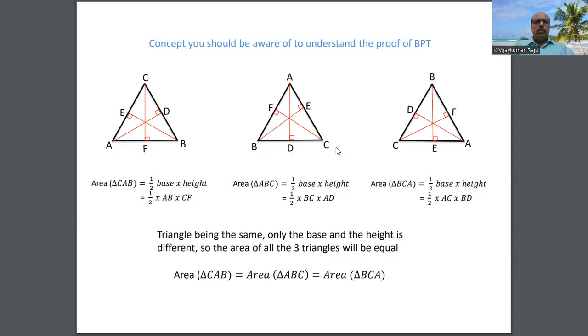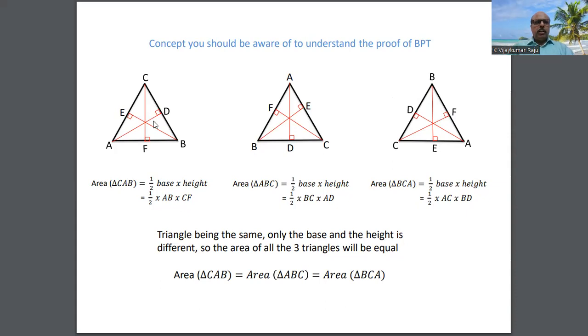Then AD becomes the height. Now area of triangle ABC is half into BC into AD. Again let me flip the triangle and bring CA to the base. Now BE becomes the height and the area of the triangle is half into AC into BE.